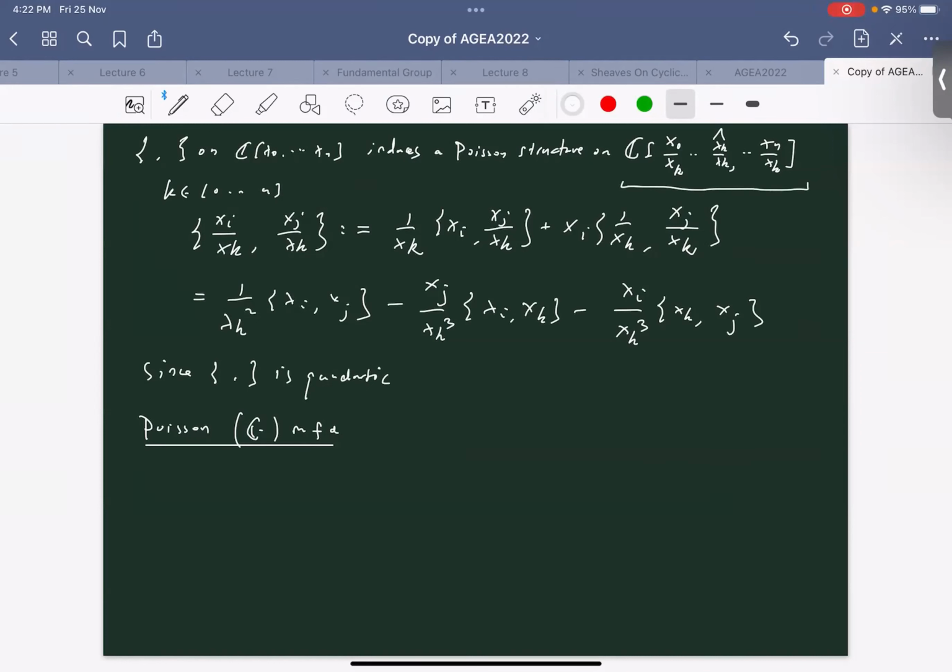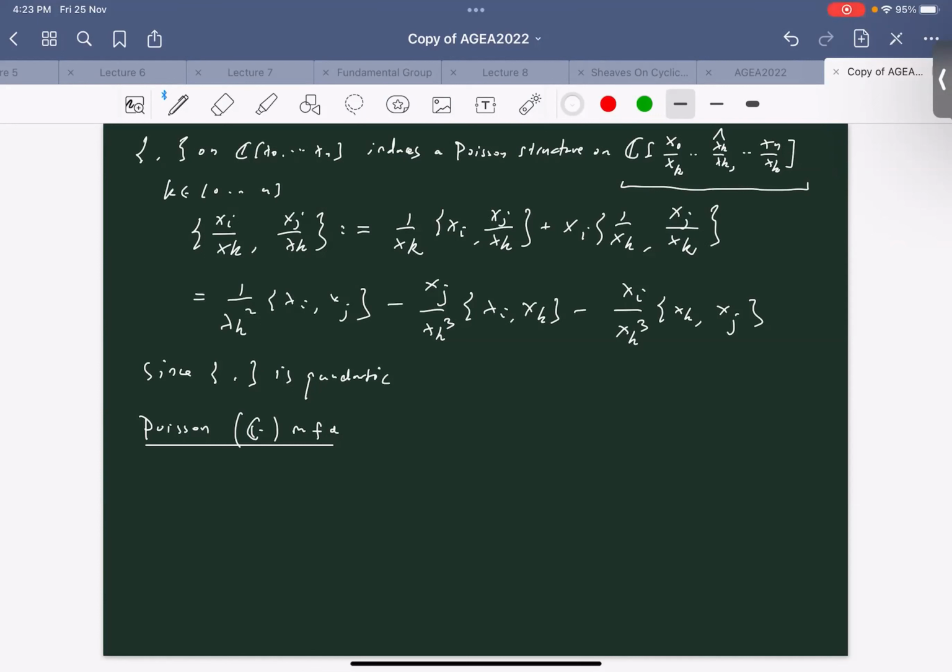So this is where the quadratic condition is used: you want the result to be homogeneous of degree 0. Later, when I introduce the geometric definition of Poisson structure, you'll see this exactly says that a quadratic bracket on the polynomial ring defines a Poisson structure on the homogenization, i.e. the projective space of dimension n.